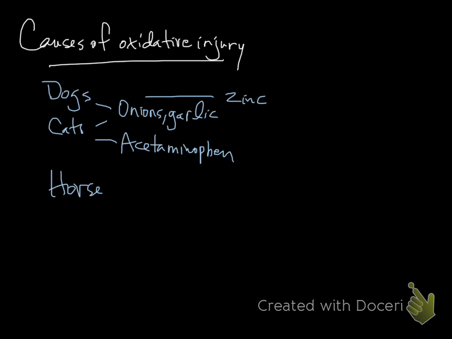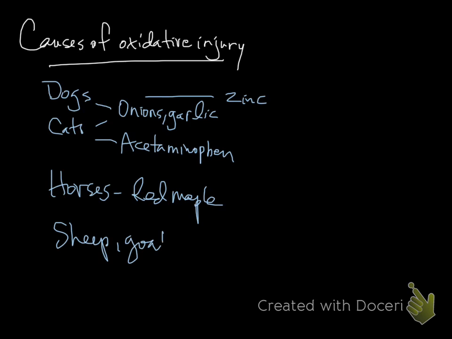Horses, I've only seen one case recently. They'll eat dried red maple leaves. And then sheep and goats, I've seen rare cases where they can actually ingest copper, so if there's a feed with a lot of copper. So those are all potential causes, and you'll look for the aforementioned things to go along with it to support it.